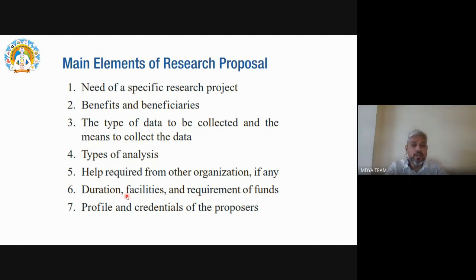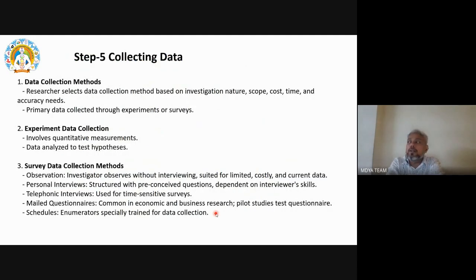So the main elements of a synopsis should be the duration, the time it will take, facilities, what kind of funds you require, and the profile and credentials of the proposers, meaning the researcher or scholar representing the study. Sampling and research proposal is clear to you?